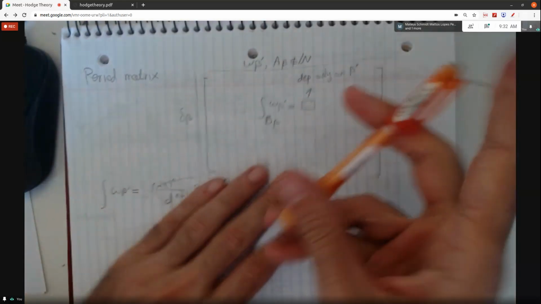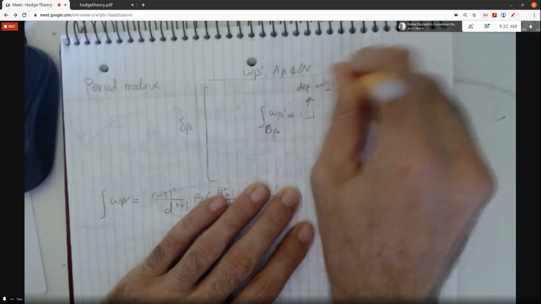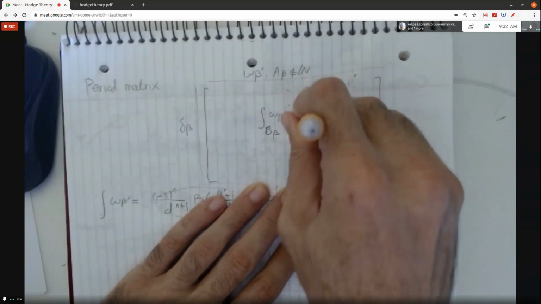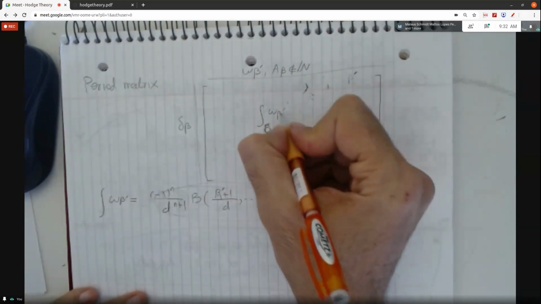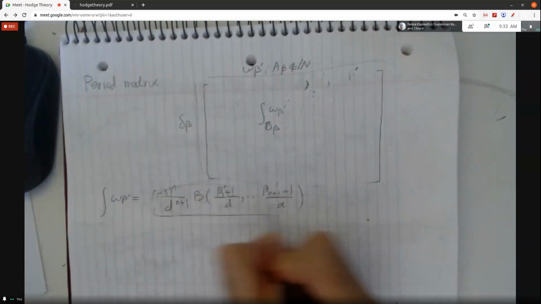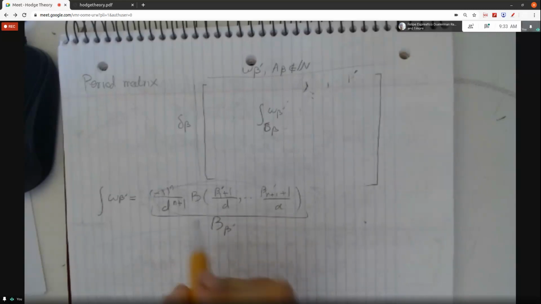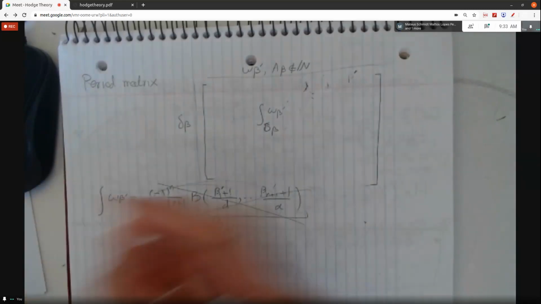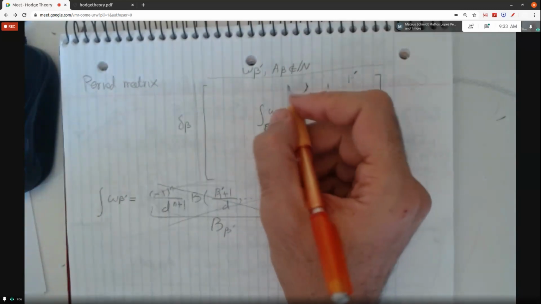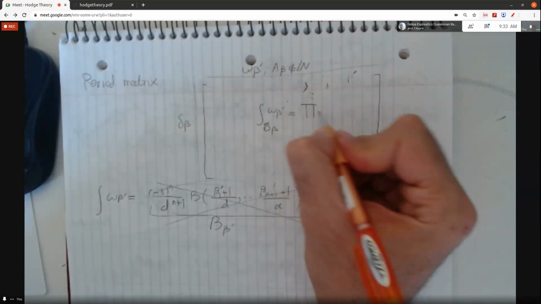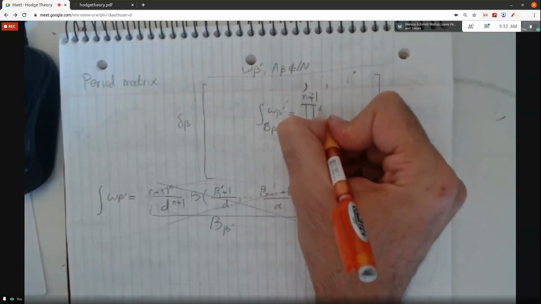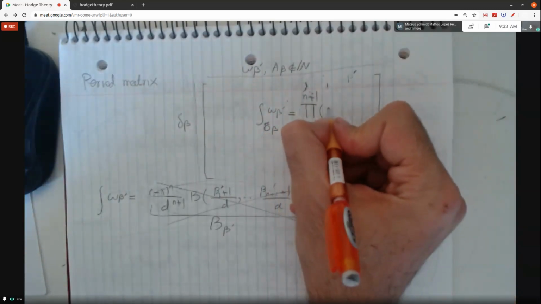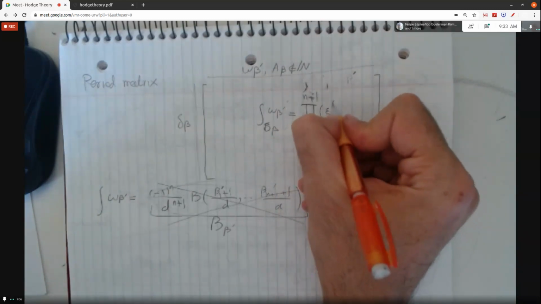So the moral of the story is that for the definition of my Hodge cycle, I will just need, let's call this transcendental factor b beta prime, for the moment I can forget this one, and in my period matrix I will just use the algebraic part.